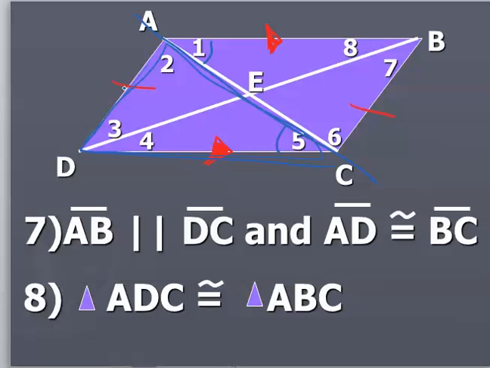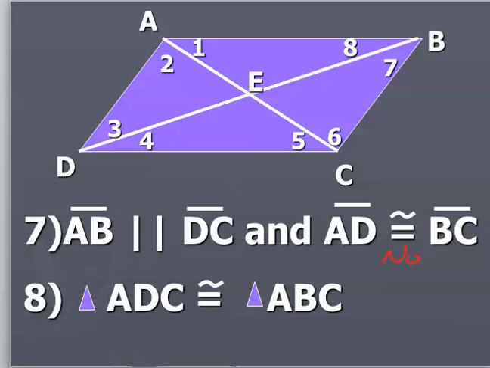That's not enough information to do anything with, and no, this one is not a parallelogram. It must be either both pairs of opposite sides congruent, both pairs of opposite sides parallel, or one, the same pair that's both parallel and congruent.